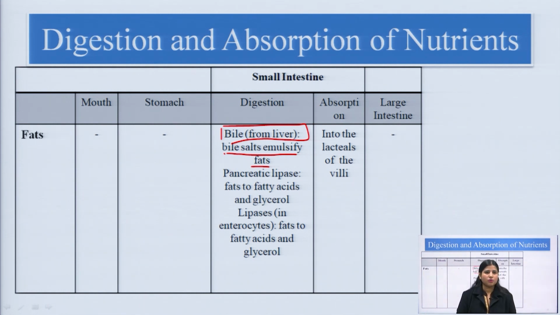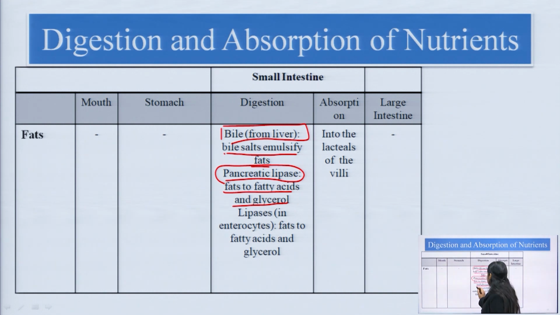So, when there is an emulsification of fat, we are making it in a simpler form, that is more easily absorbed. Now, pancreatic lipase is present in the pancreatic juices, and this particular enzyme is transforming the fats into fatty acids or glycerols.